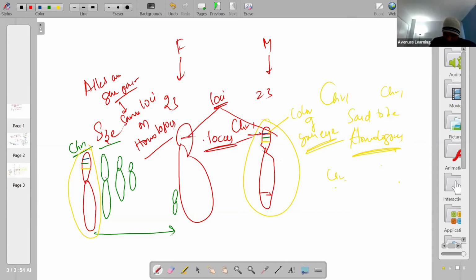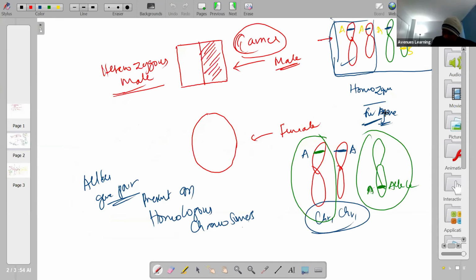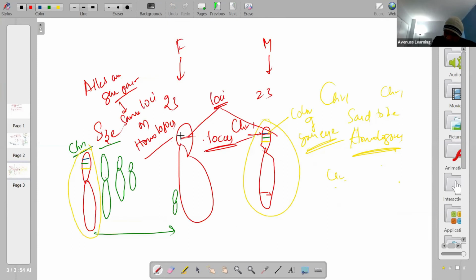When we say heterozygous, both homologous chromosomes have the same gene at that particular position, but there is a minor difference in the sequence.